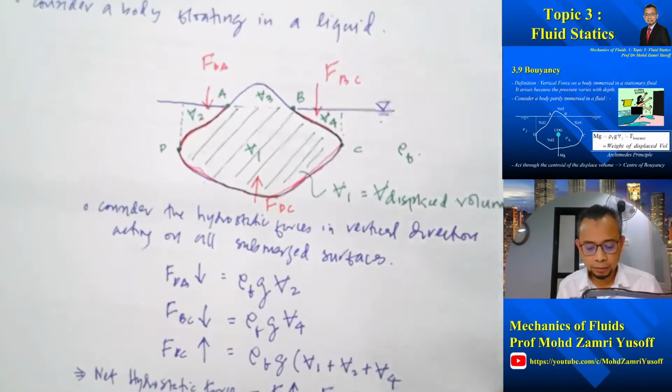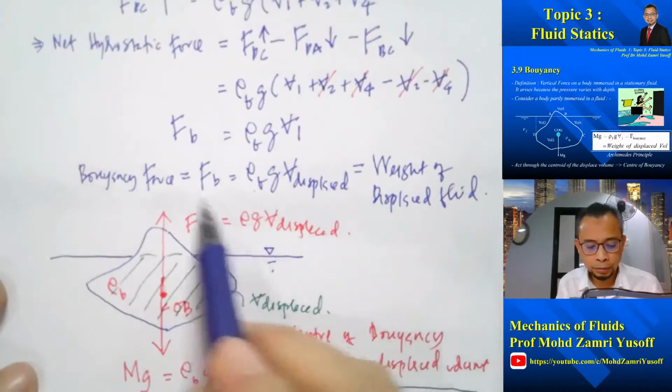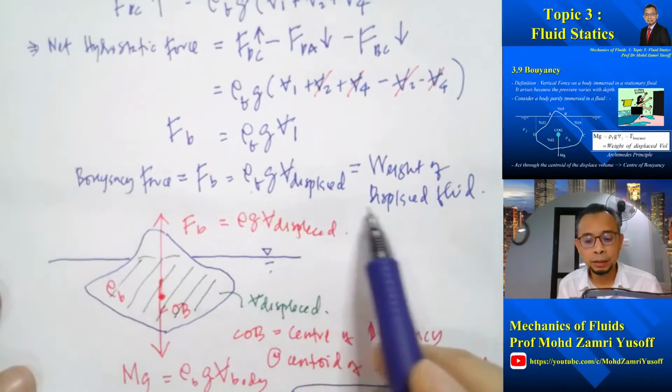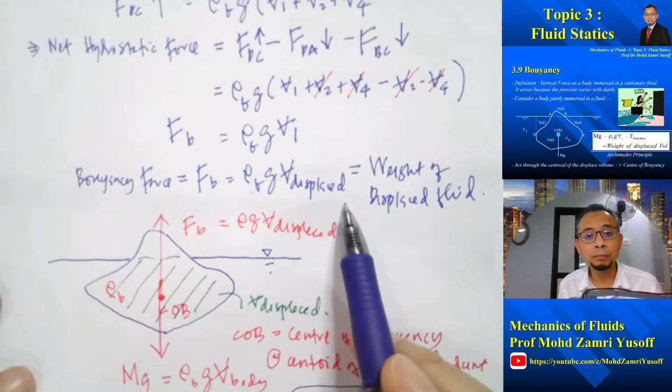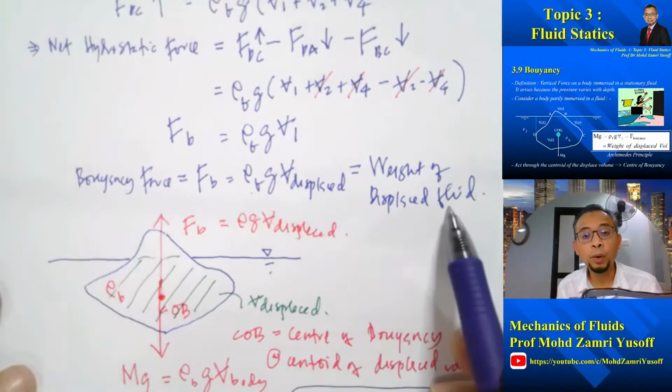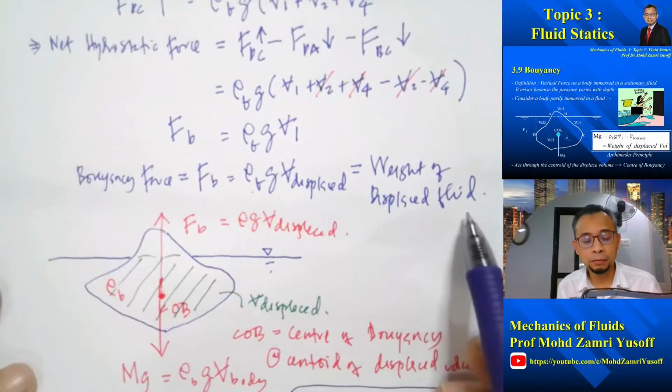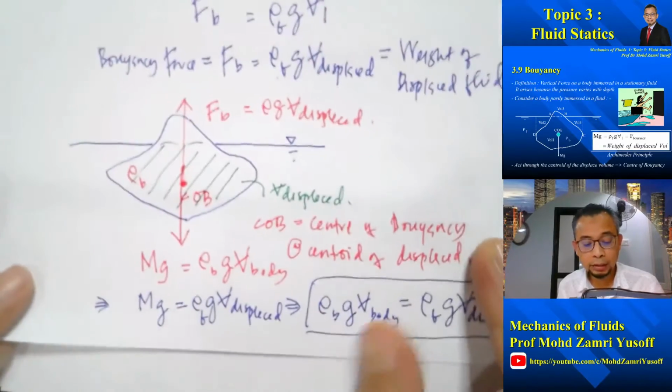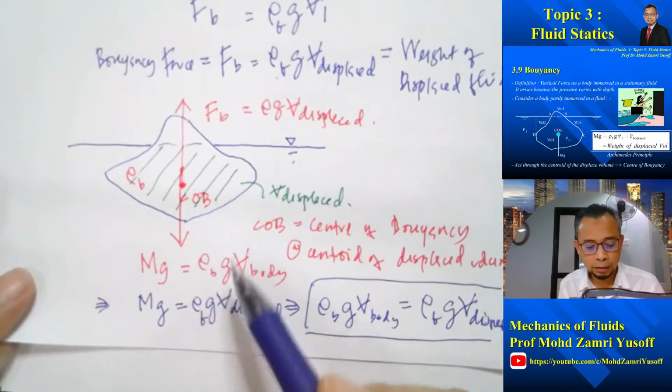So the buoyancy force is equal to rho g multiplied by displaced volume, and is equal to the weight of the displaced fluid, and that is balanced by the weight of the body.